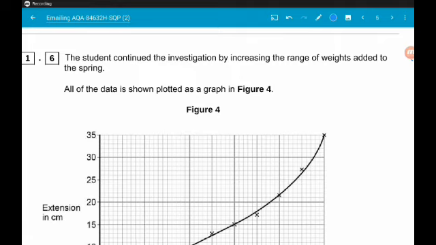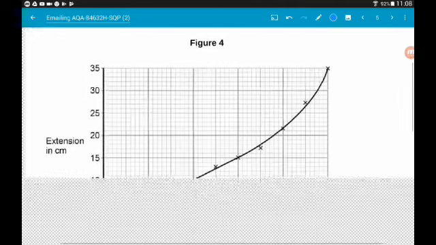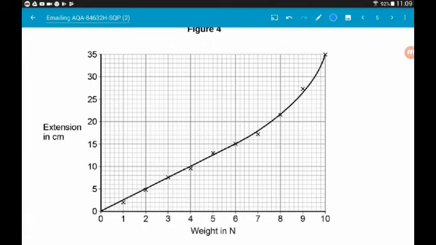The student continued the investigation by increasing the range of weights added to the spring. All the data is plotted as a graph in figure 4. So what we can see from this is the data stops living in a straight line after about 7 newtons.